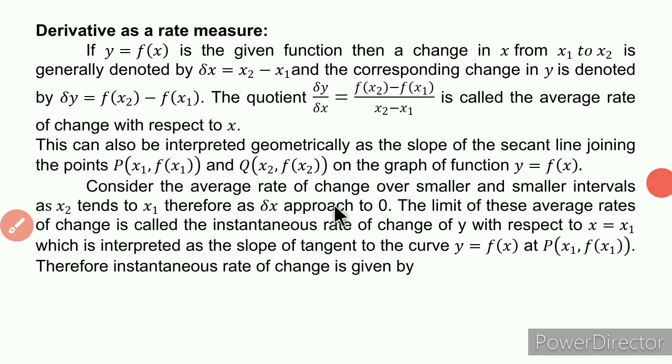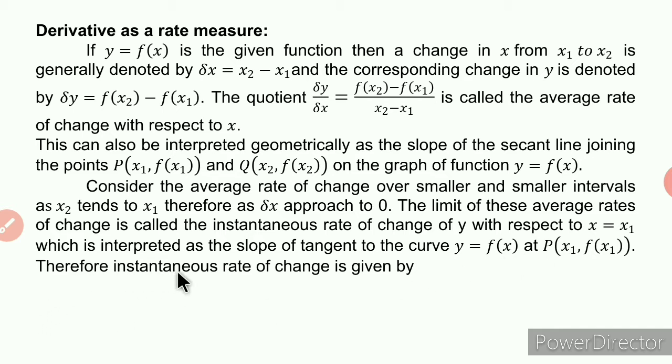consider the average rate of change over smaller and smaller intervals as x2 tends to x1. Therefore, as delta x approaches 0, the limit of these average rates of change is called the instantaneous rate of change of y with respect to x at x equal to x1, which is interpreted as the slope of the tangent to the curve y is equal to f of x at the point p, x1, f of x1.